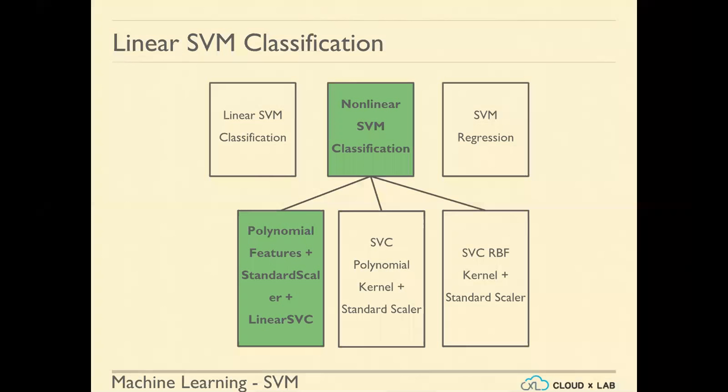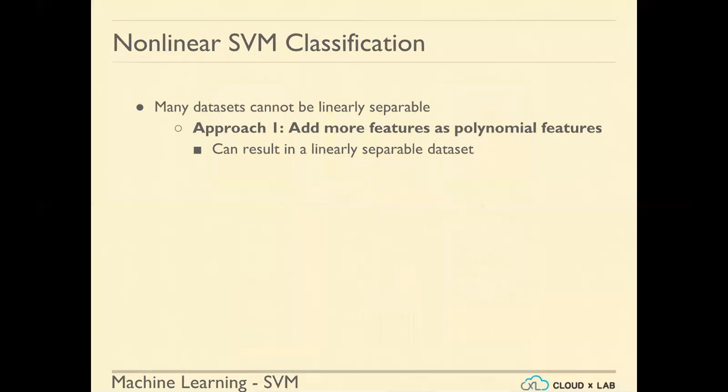Therefore, we were able to use the linear SVM or linear SVC. Now, many data sets are not linearly separable, meaning many data sets cannot be separated by a straight line. So the first approach is to add more polynomial features, the way we did earlier in case of linear models. That could result in linearly separable data sets.